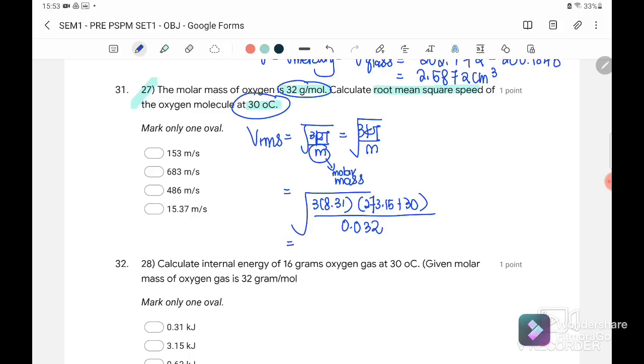The final answer for VRMS will be 485.9 meters per second. So the answer is C.